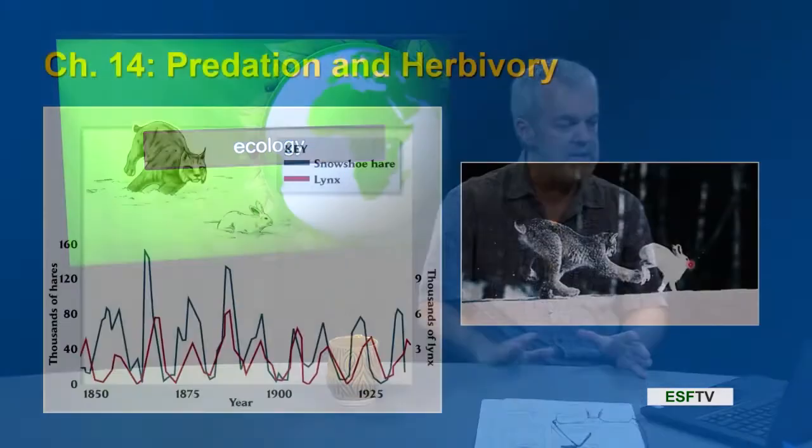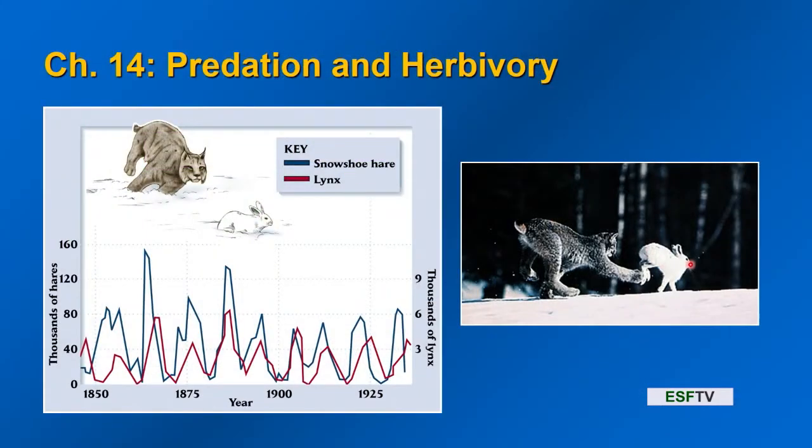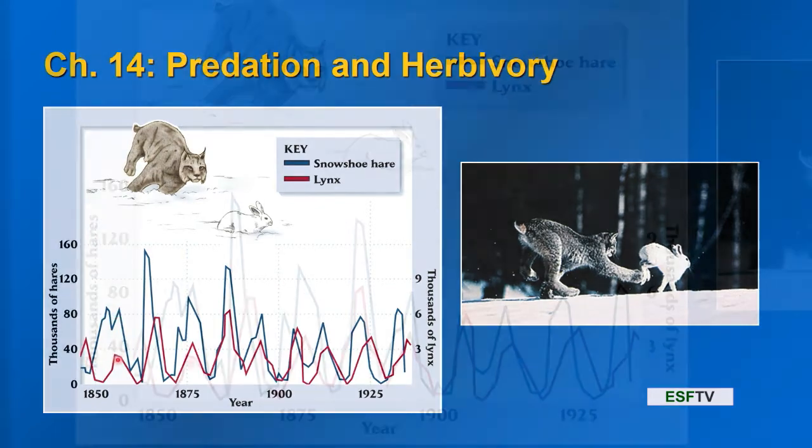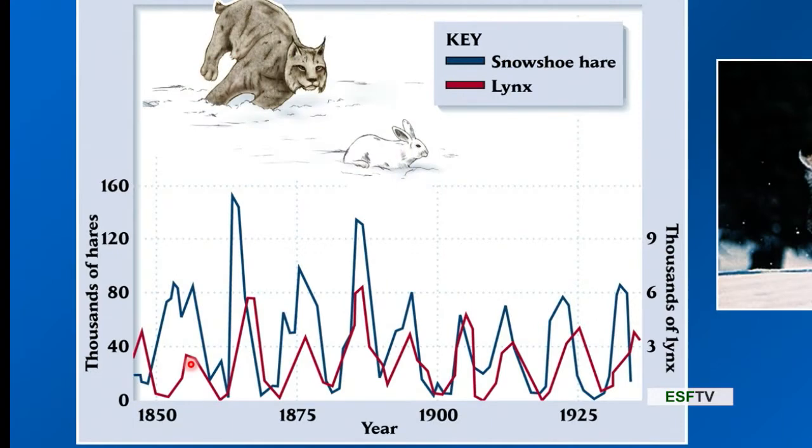I'll open up with, again, this is all chapter 14. You can see here the classic lynx and snowshoe hare, and we talked a little bit about it. You can see the lynx peaks are offset from the snowshoe hare.